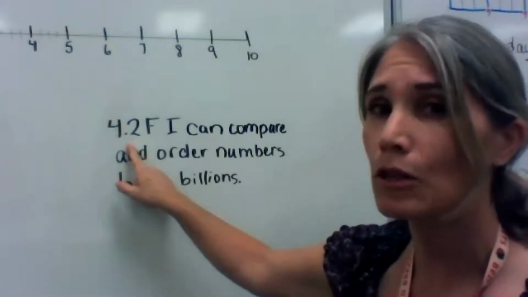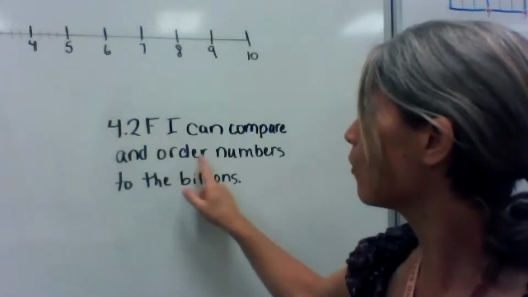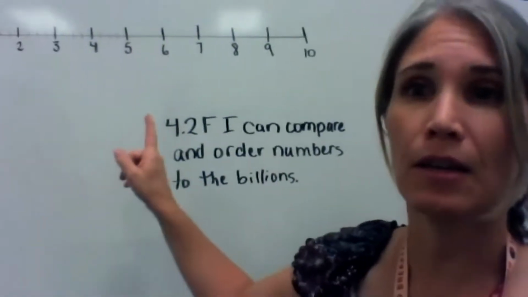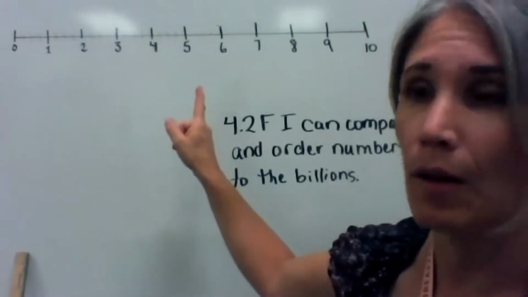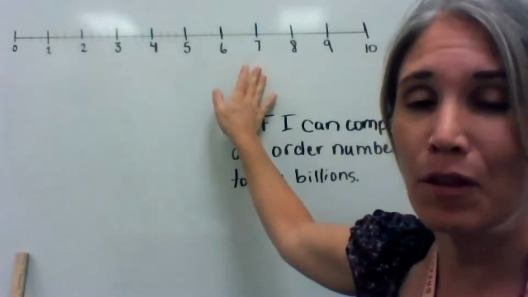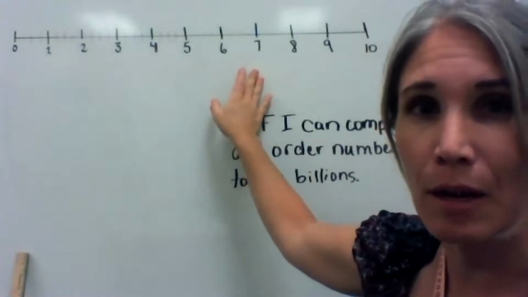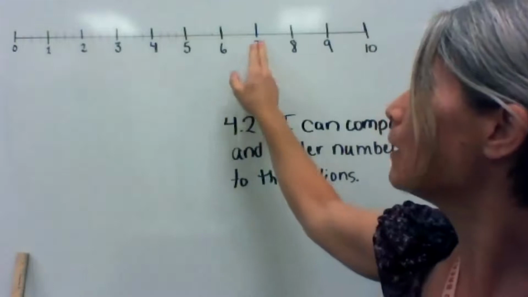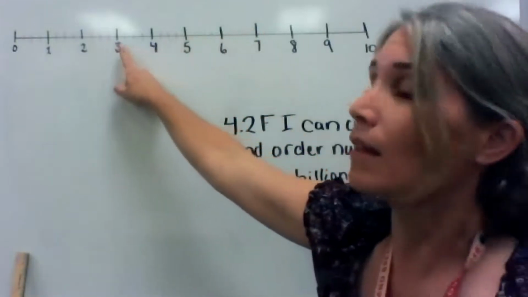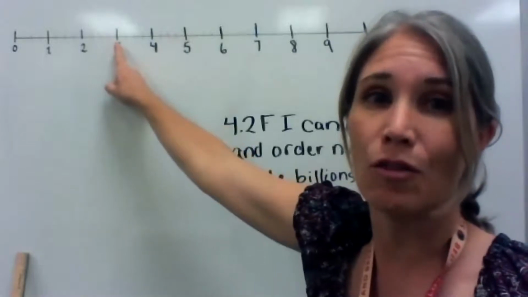Because our TEKS is 4.2F, I can compare and order numbers to the billions. And you'll see up behind me here a familiar tool, okay? We have a number line. And I know you've seen these before, and they're very handy when it comes to comparing numbers and putting them in order, because we know that if there's a dot at the 7, that means it is more than a dot at the 3.